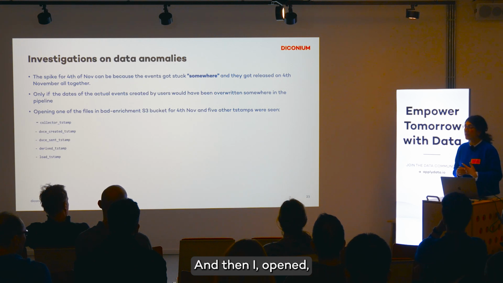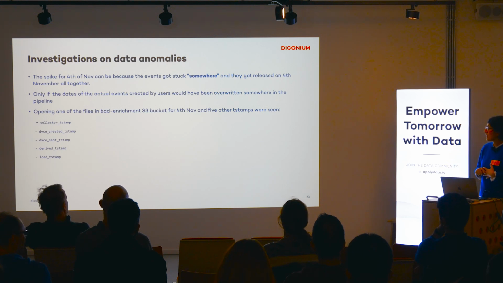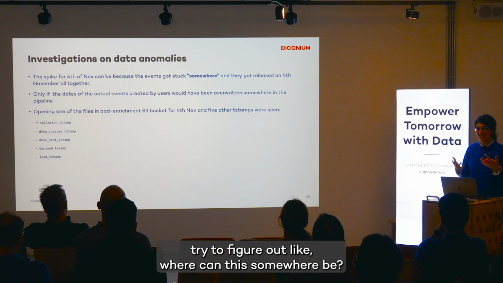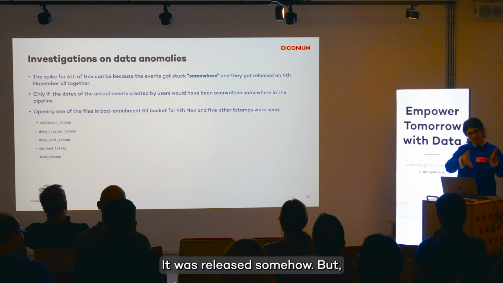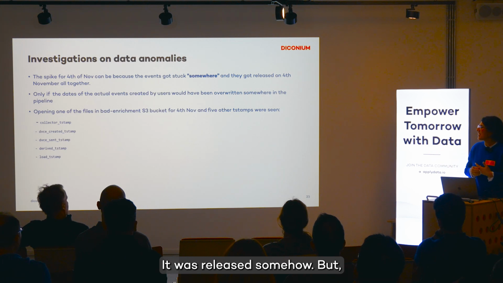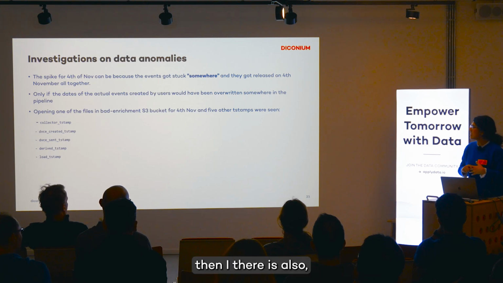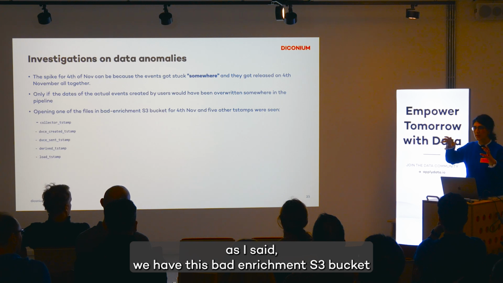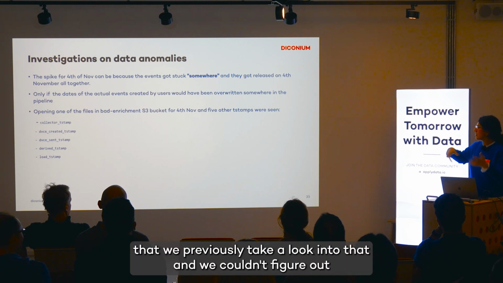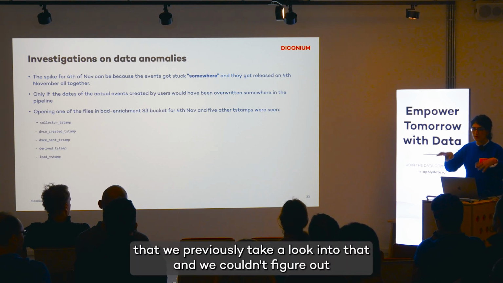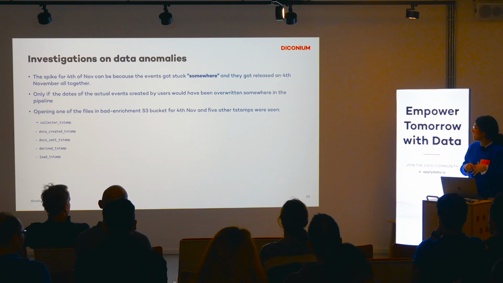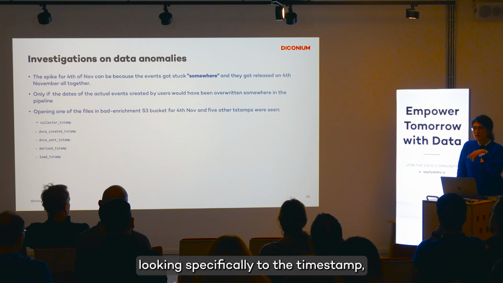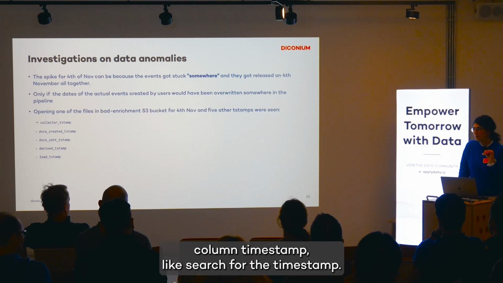Then I tried to figure out where this somewhere could be, because at some point it could make sense, right? It was released somehow. But we also have this bad enrichment S3 bucket that we previously looked into, and we couldn't figure out what could be wrong with these access denied errors and so on.